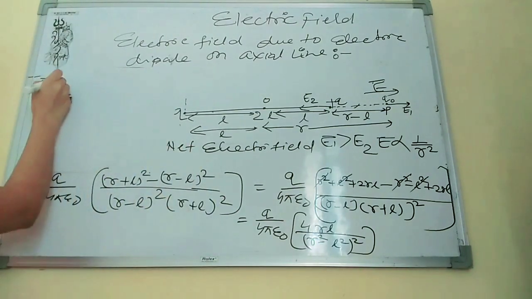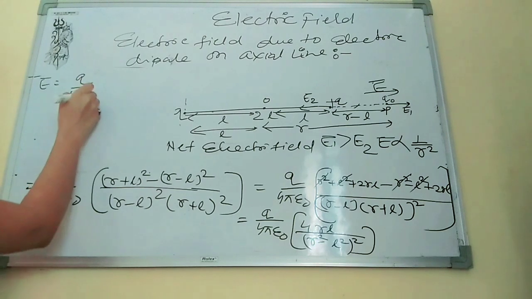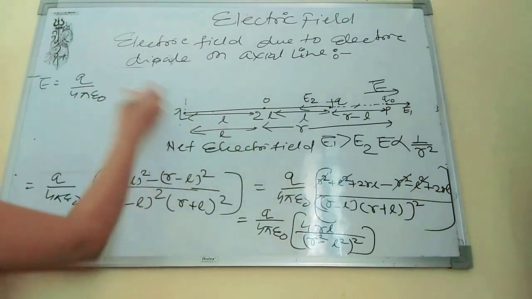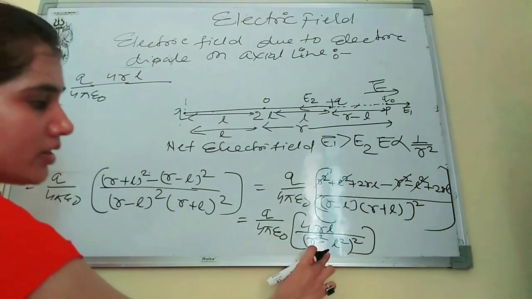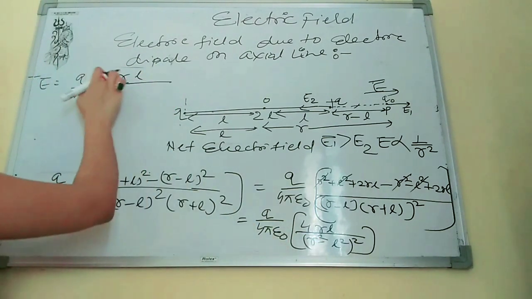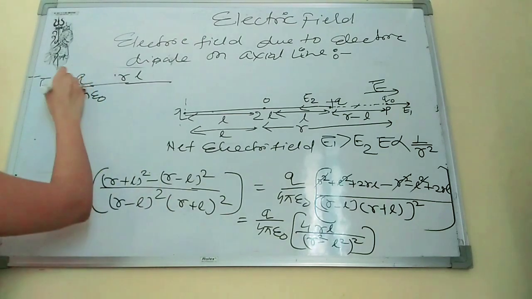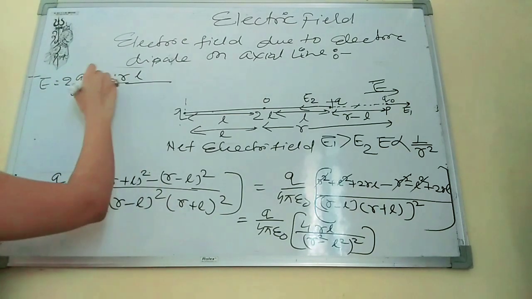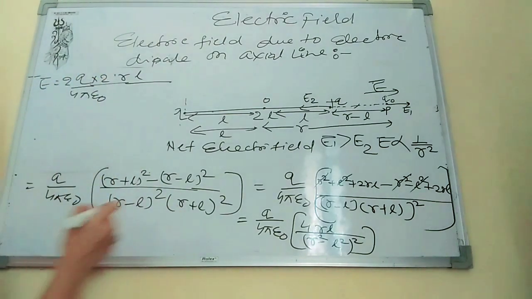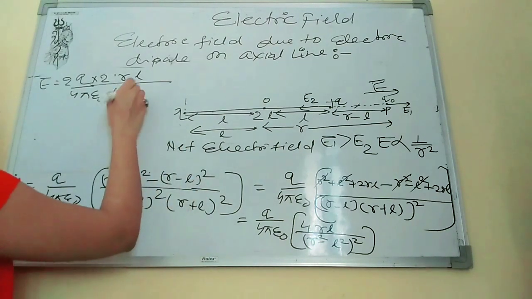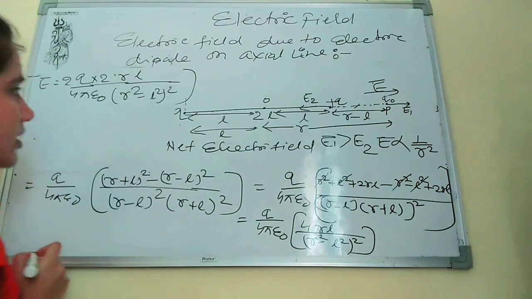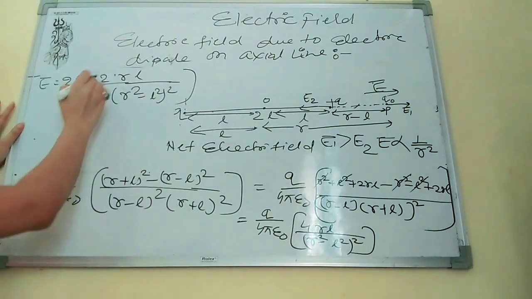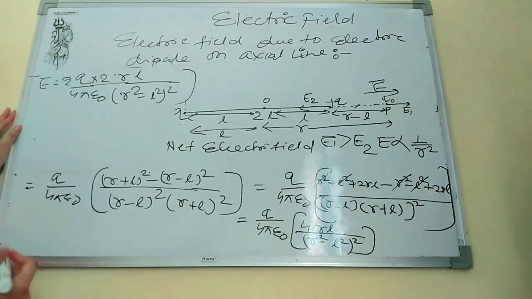So simply E will become Q upon 4 pi epsilon naught. This 4rL, if we break this 4rL into 2 times 2, we can write it like this. And in the bracket, r square minus L square, the whole power is square. Now this 2qL is the formula of the electric dipole moment.